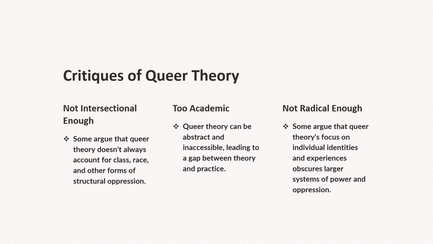And then, too academic. Queer theory can be abstract and inaccessible, leading to a gap between theory and practice. And sometimes the queer theory can be visible only in the academic realm or in the textbooks, and it is not at all practiced, because even though people are very much speaking about queer theory and the rights of the LGBTQ plus community, they are not at all practicing it in their home.